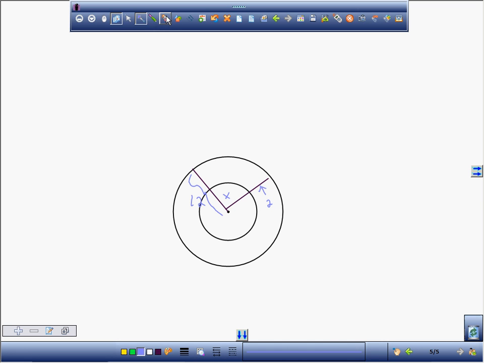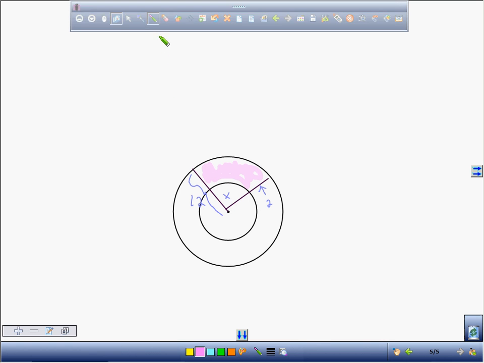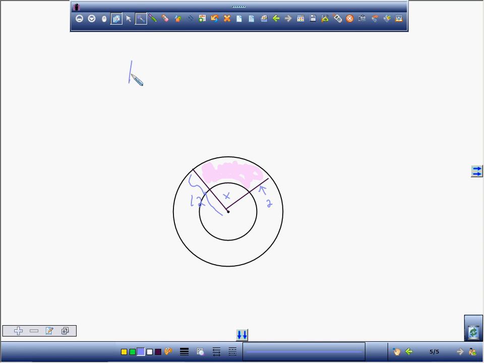and the area in here, the area of that piece, equals 10 pi.